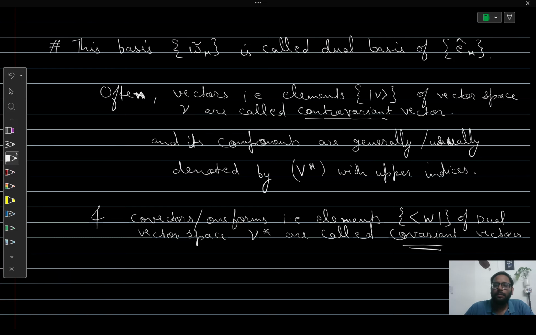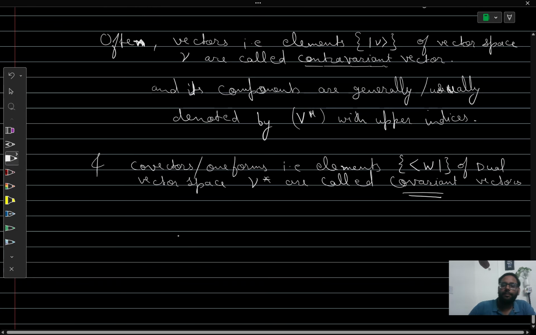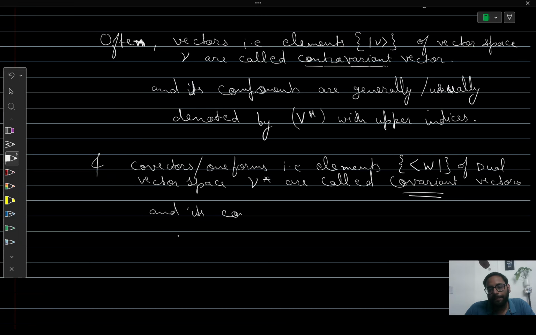They are also called covariant vectors because of their transformation properties, and their components are usually denoted like this, with lower indices.